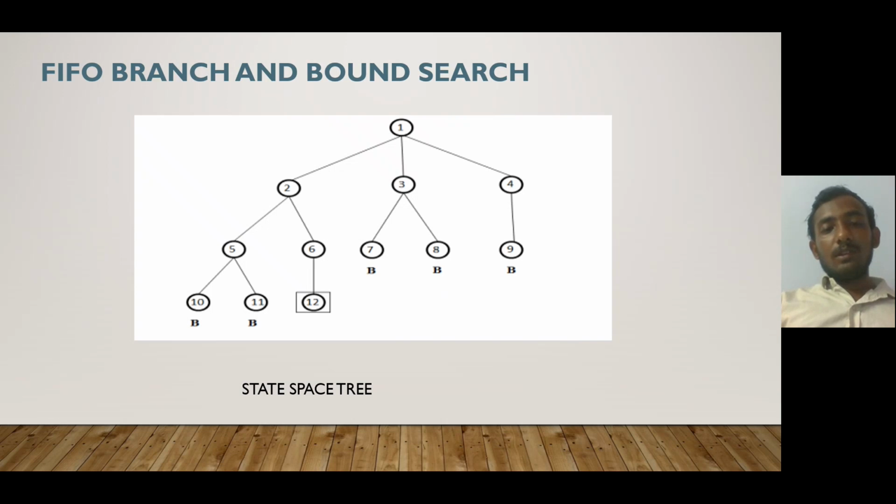In node 2, node 6 is going to be checked first, and then 12, and then 5, 11, and then 10. This process continues in LIFO. The main difference between them is that if the node which is to the extreme right is the solution, then LIFO works faster, and if it is to the left, then FIFO works faster.